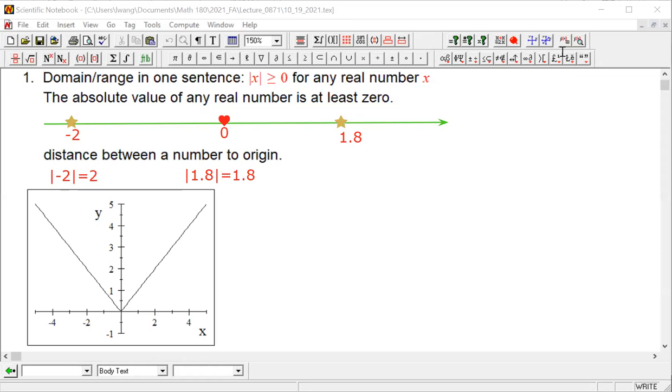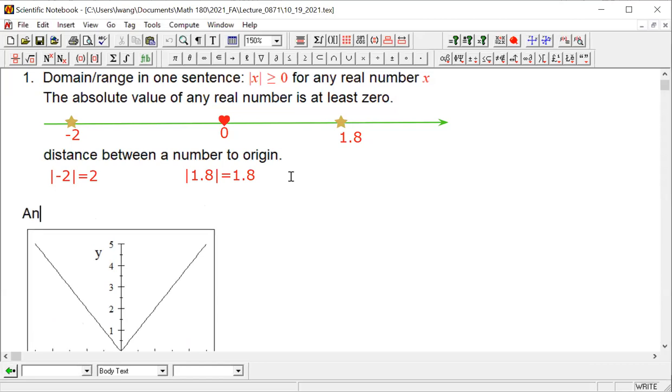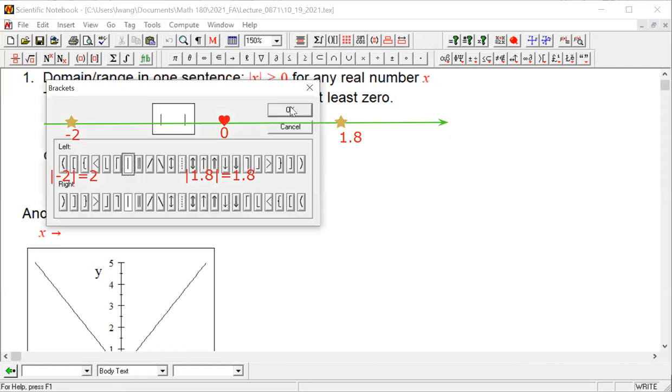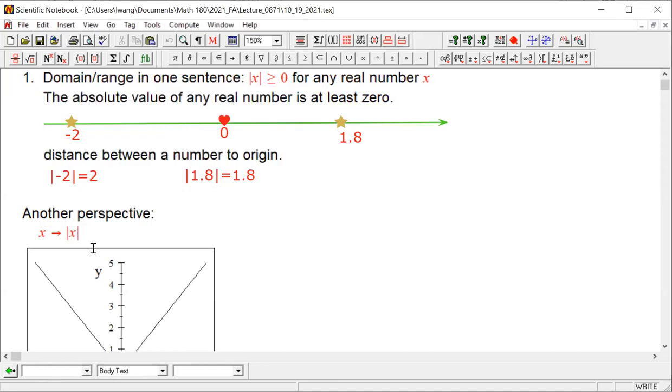Another perspective: we see this as input, and then we take the absolute value, using the same concept, which measures the distance between the number and the origin. So we produce this output, and the output, of course, is the absolute value of x.